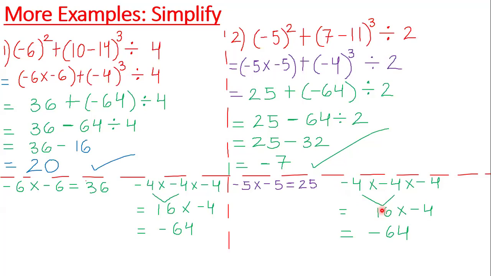And the same thing the other way around: a positive times a negative is still negative. So positive times a positive is a positive. Positive times a negative is a negative.